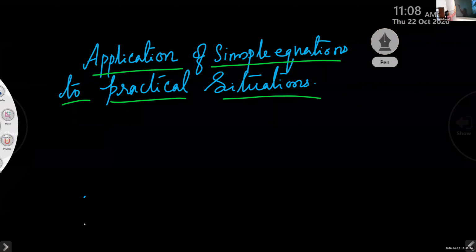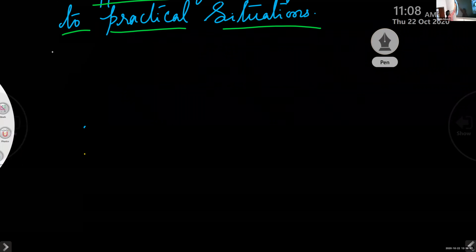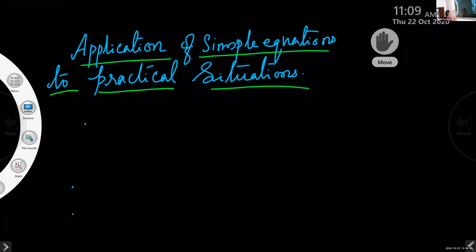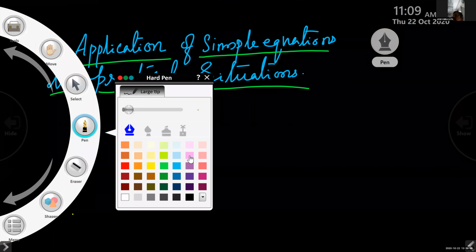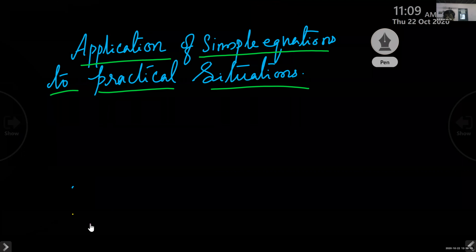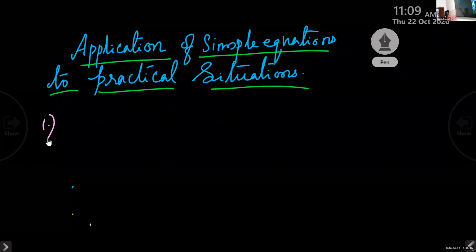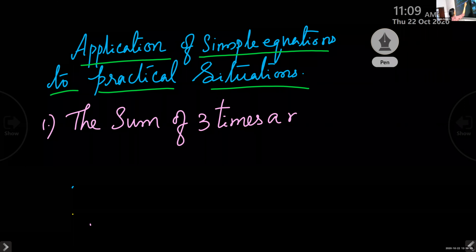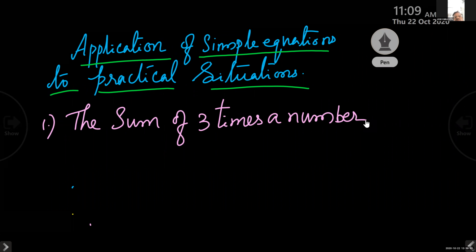Write down this question. Question 1. The sum of 3 times a number and 11 is 32.